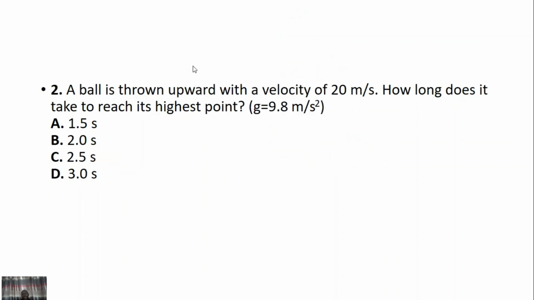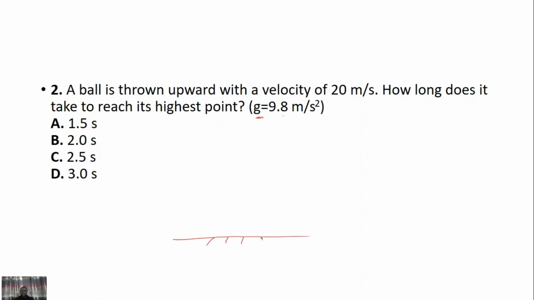A ball is thrown upward with a velocity of 20 meters per second. How long does it take to reach its highest point, taking the acceleration due to gravity to be 9.8 meters per second squared? Now, let's represent it diagrammatically.